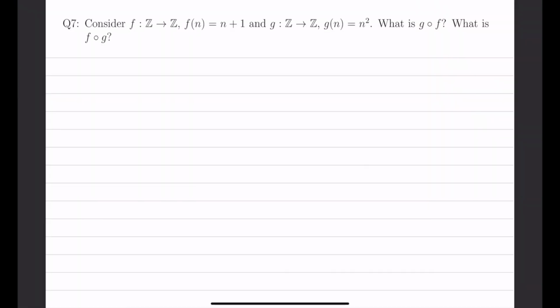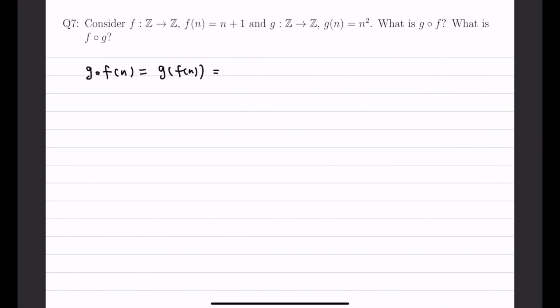Question 7 is also about composition of functions, just like question 6. So here we again have two functions, f and g, but they are functions from the set of integers to the set of integers. So let's repeat what we did in question 6. So g compose f of n is equal to g of f of n.